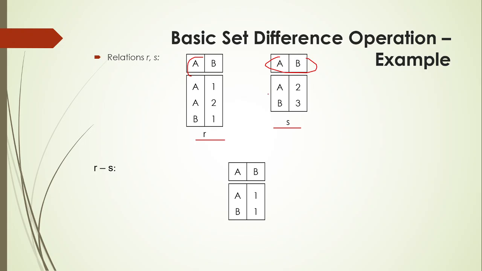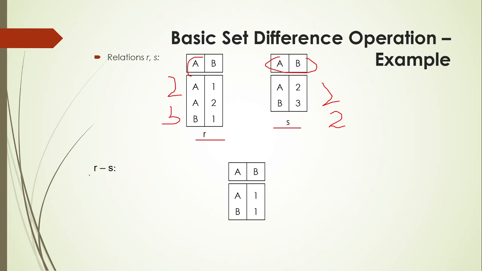The degree of relation R is 2, that is, it contains 2 attributes, and the degree of relation S is also 2. The relation R contains 3 rows, so its cardinality is 3. Relation S contains 2 rows, so its cardinality is 2.